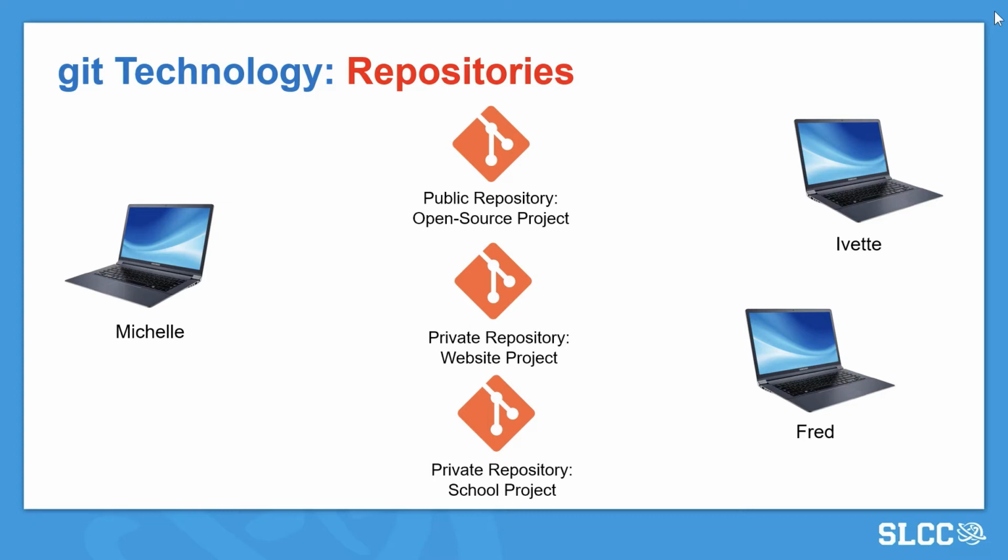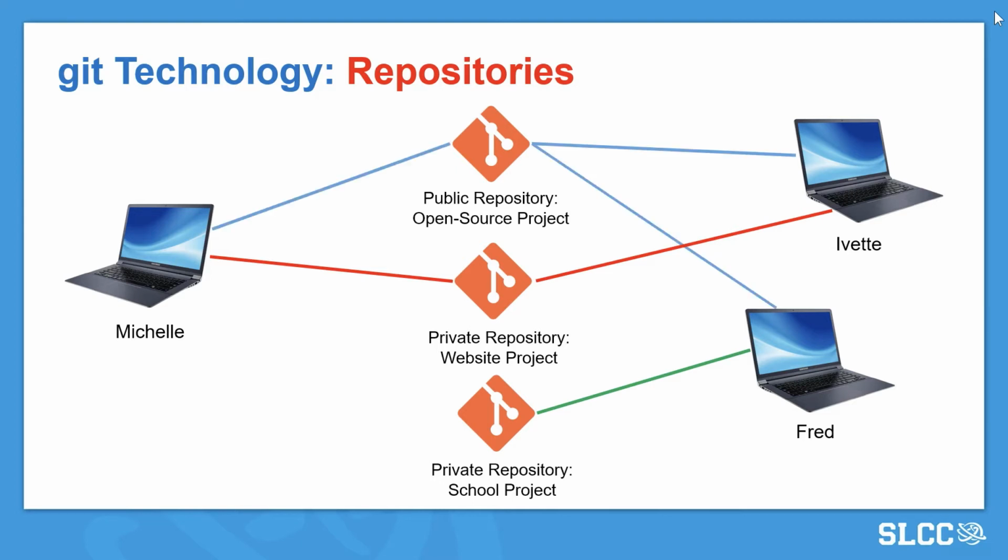And we have three people, Michelle, Yvette, and Fred, and as they set up their computers, they're connecting to these repositories, which exist in this example, maybe in GitHub. Fred has connected to the private repository that's the school project. Yvette and Michelle have both connected to the same private repository, which is a website project, and then all three have connected to the open source project.